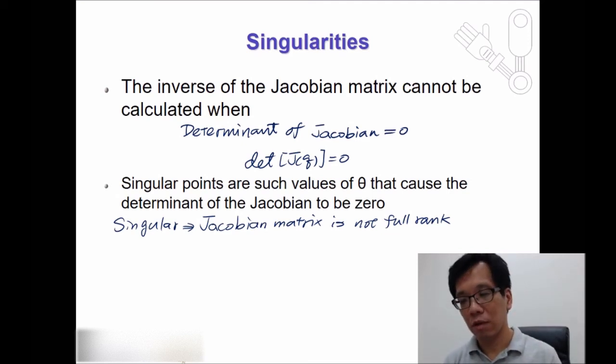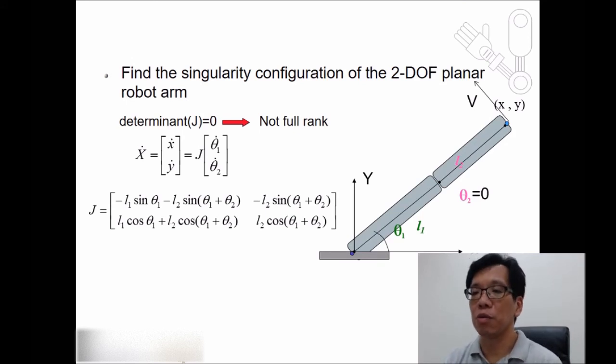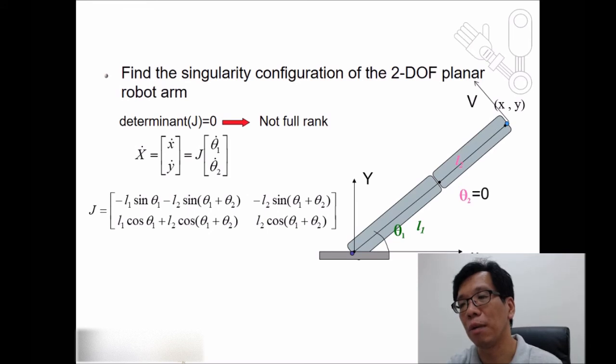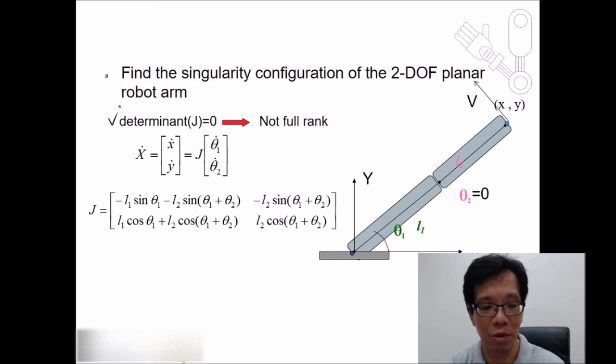So what is the real deal here? When we have a singularity, it means the arm becomes a straight line. When it is a straight line, it's singular because you cannot predict whether it's going to move in this direction or in that direction, since the matrix is not full rank, or the determinant of your Jacobian equals 0.